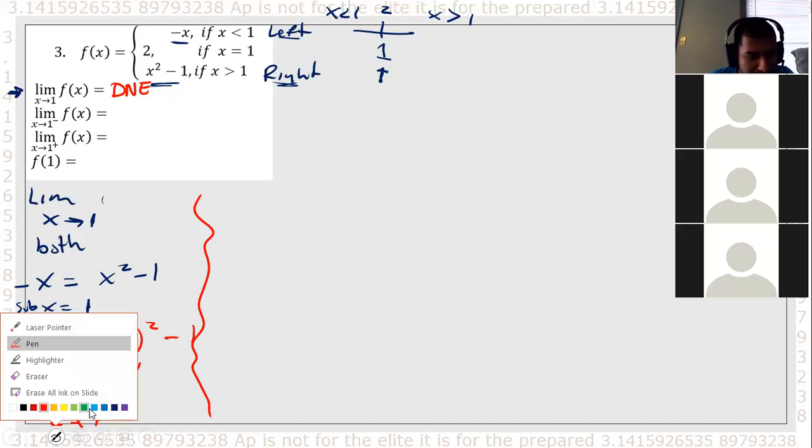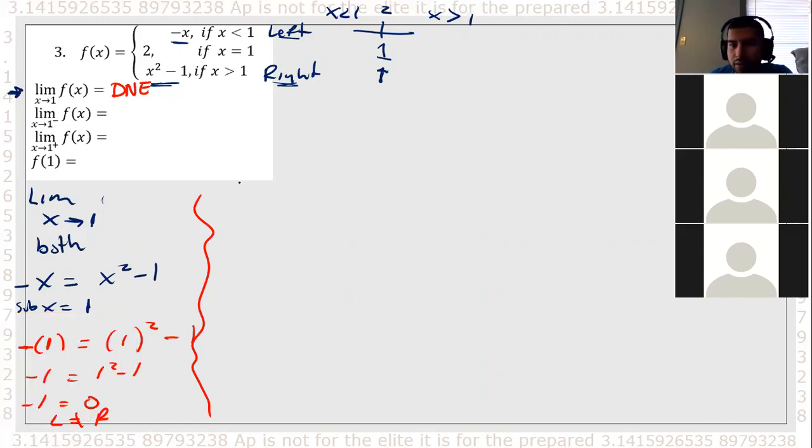Any questions on that, guys? The next one says the limit as x approaches 1 from the minus sign. So that's going to be from my left, right? Left.